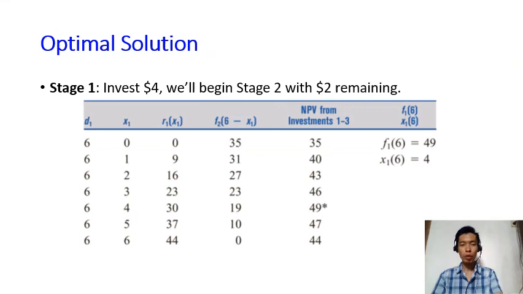Now to read the optimal solution, we go to stage 1. Here we see that we need to invest $4,000. So from this row and also this conclusion, we need to invest $4,000, and then we'll begin stage 2 with $2,000 remaining.